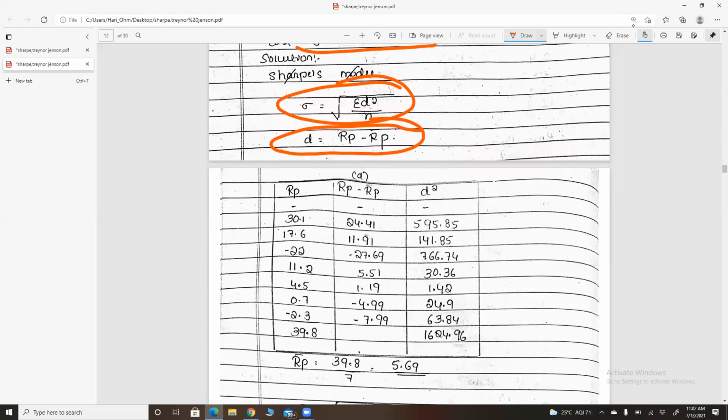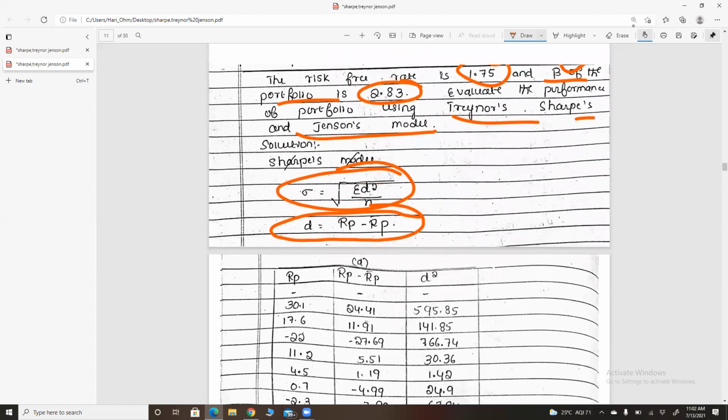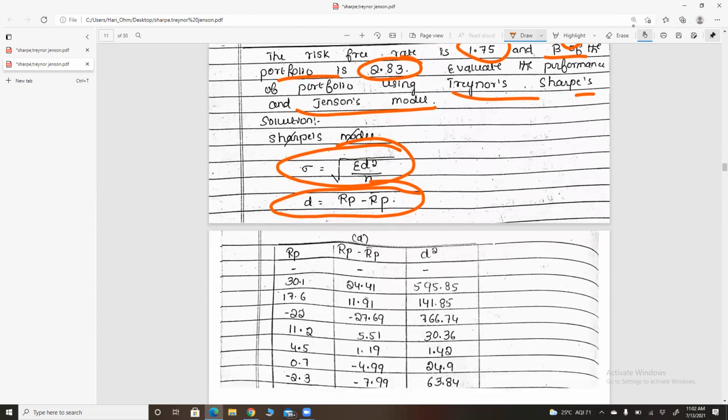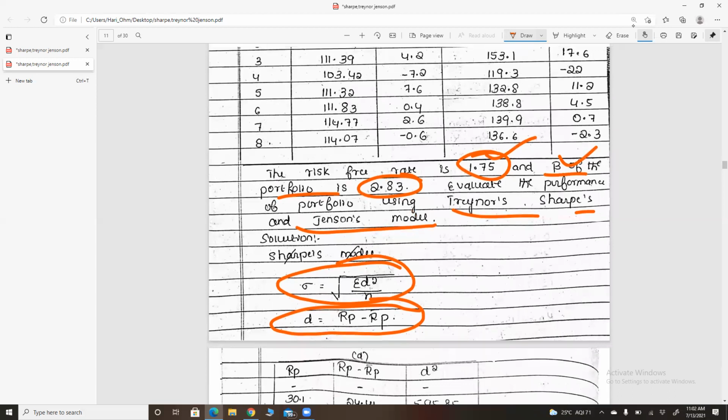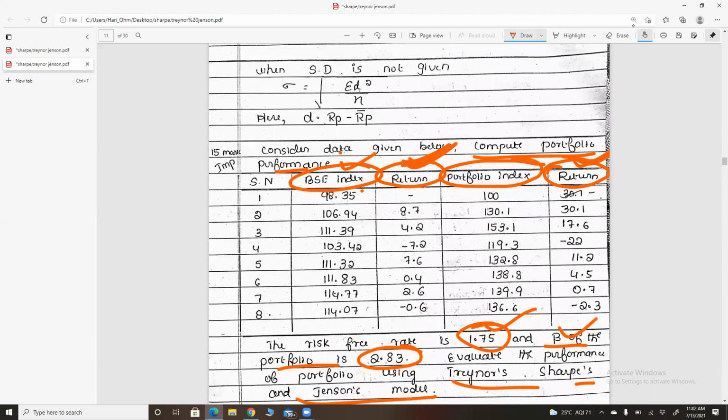Now you need to calculate Rp. Rp minus R bar p you have to calculate. Now what is Rp? See, first you are going to calculate for the portfolio, not for the market. So portfolio return is this one. These two columns are regarding the portfolio and these two columns regarding the market.